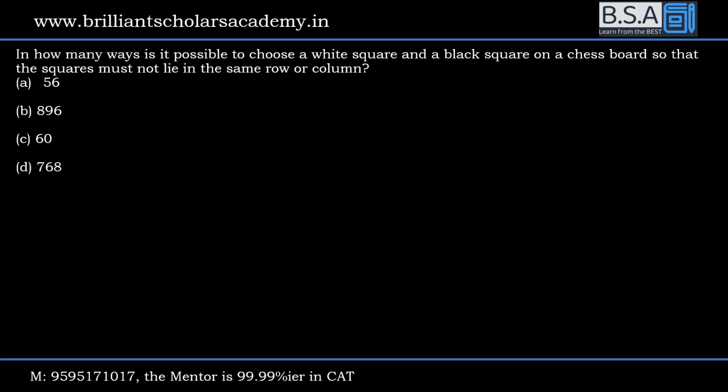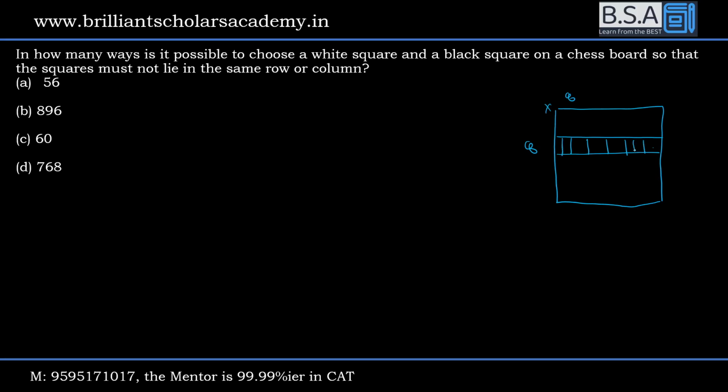देखो आपको ये पता होगा, chessboard is created with 8 by 8 grid, 8 cross 8 grid. If I look at it horizontally, there are going to be 8. How many? 1 2 3 4 5 6 7 and 8.